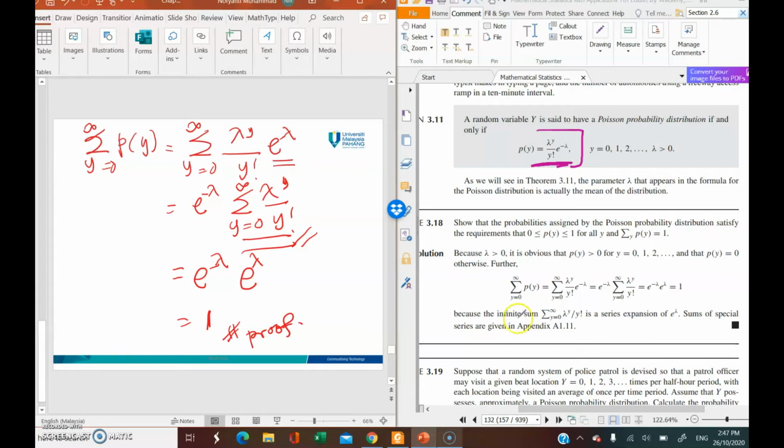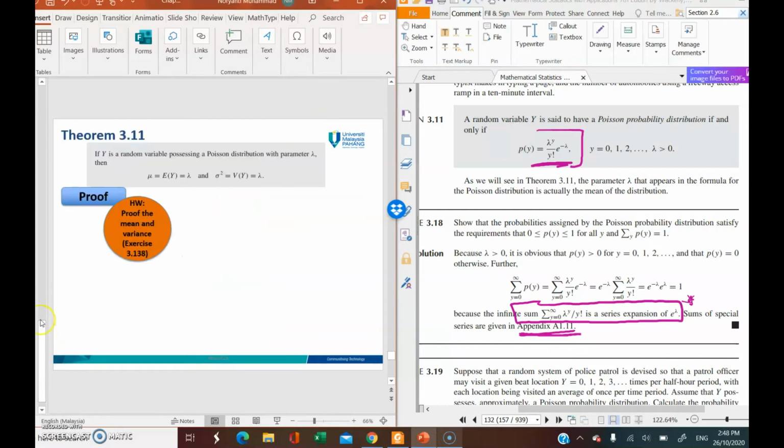You must remember this one: the infinite sum of this is the series of exponential power lambda. You learned this before. You can also look at appendix A1.11 and refer back.